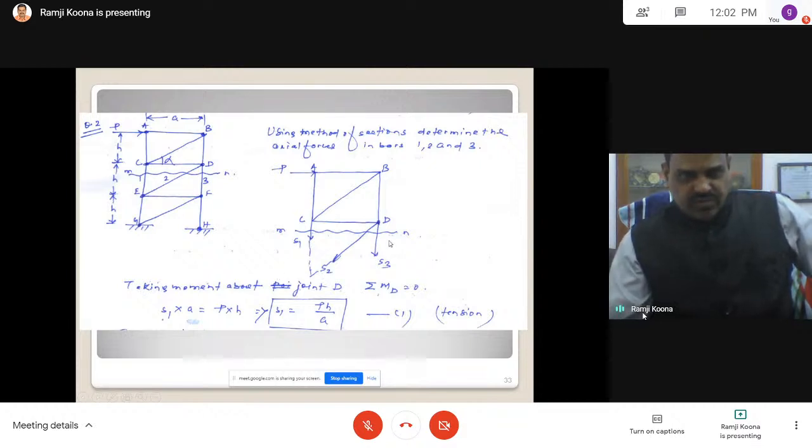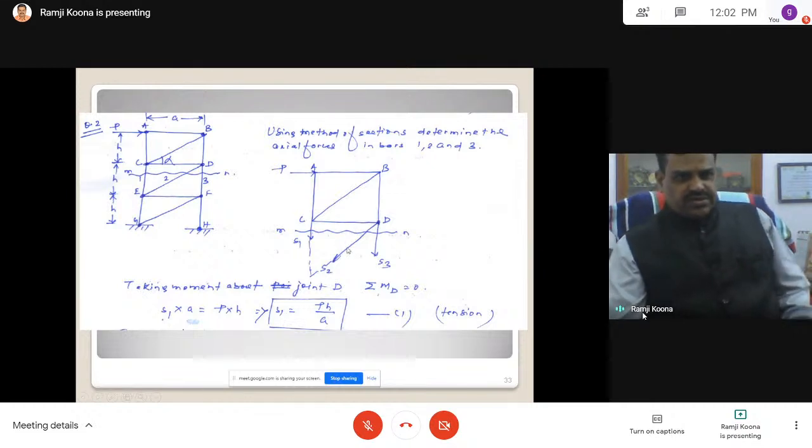Now if I take moment about this point, these two can be neglected and we'll get this value directly. This into the perpendicular distance, and this into the perpendicular distance. P into this height, moment about T equal to 0, and this into this length. Then we get S1 into A is equal to P into H. From this you will get S1.